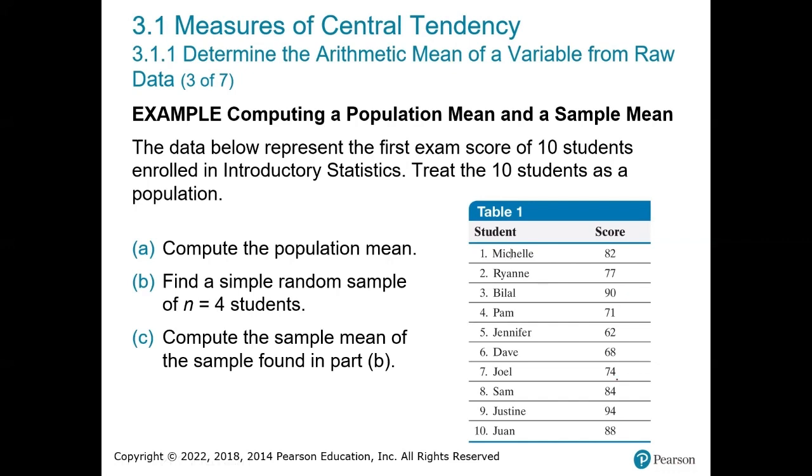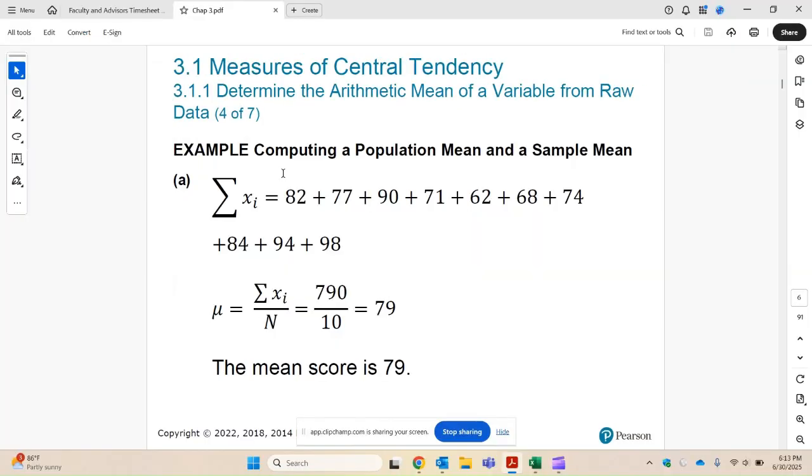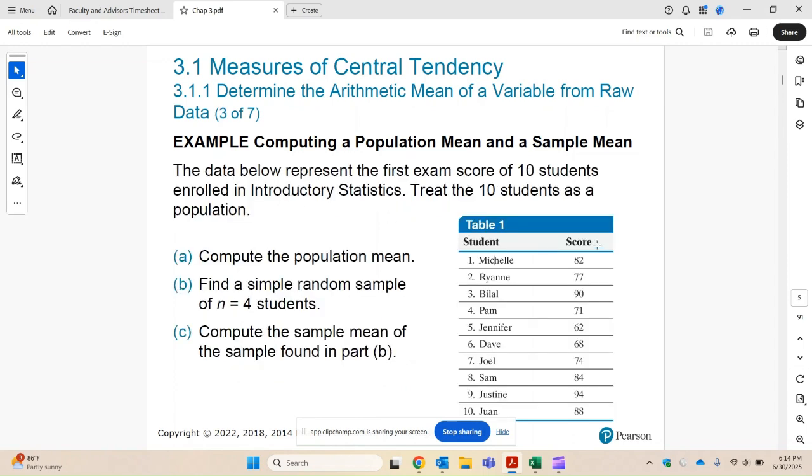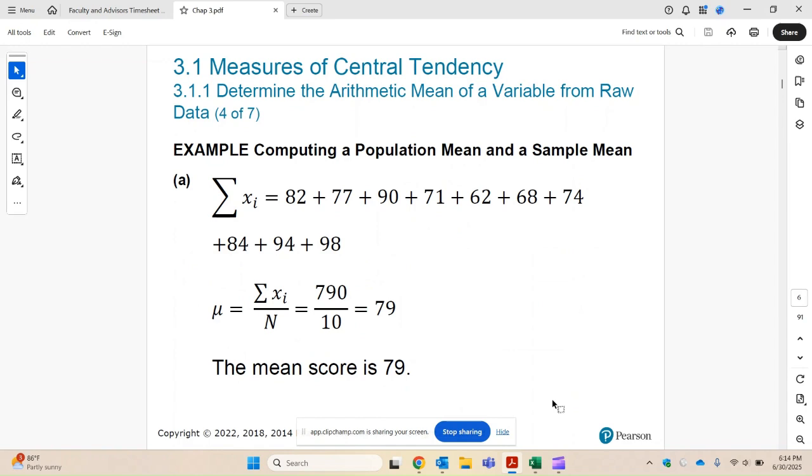If I want to find the population mean, I'm going to add all of these scores together to get a total. In order to find the mean, we start with the sum. All of those values from the previous slide sum 82, 77, 90, 71, 62, 68, 74, 84, 94, and 98.